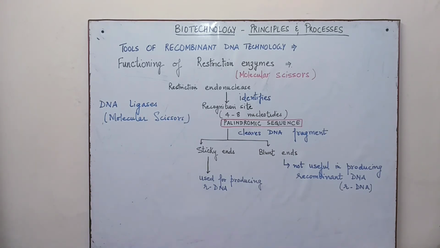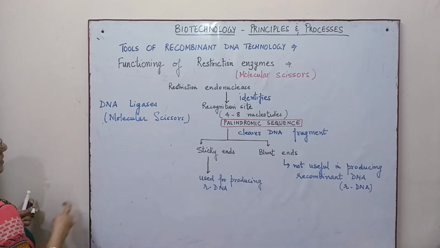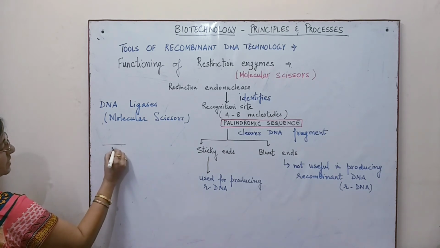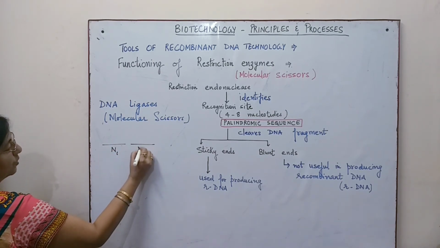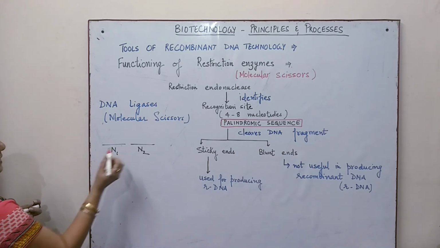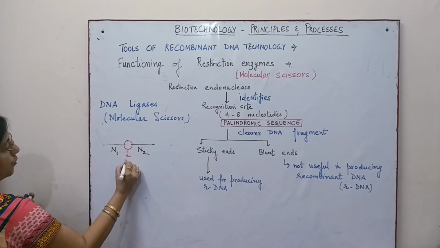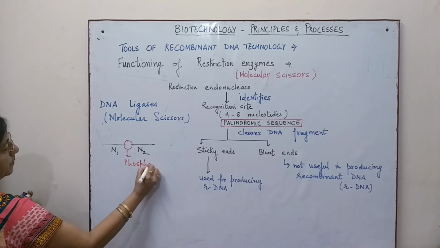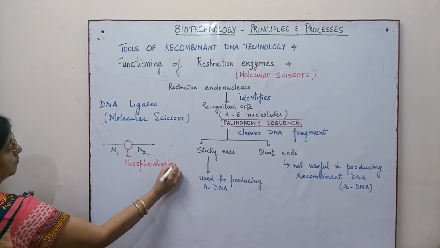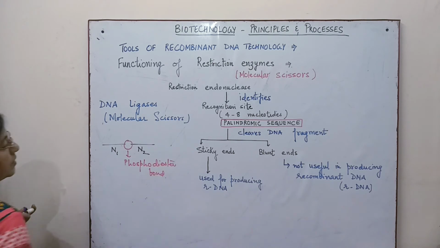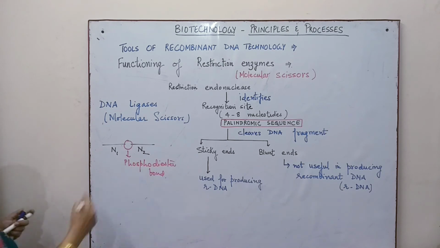Ligases are the enzymes that catalyze the formation of phosphodiester bonds between nucleotides. So what is their function actually? Suppose this is one nucleotide sequence and this is the other nucleotide sequence. They will help in the formation of phosphodiester bonds and join the fragments of the double-stranded DNA.